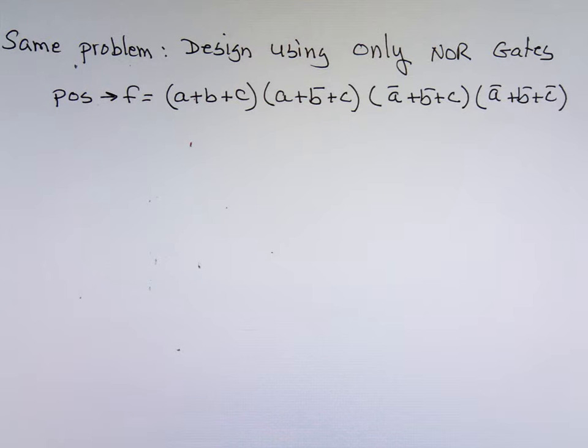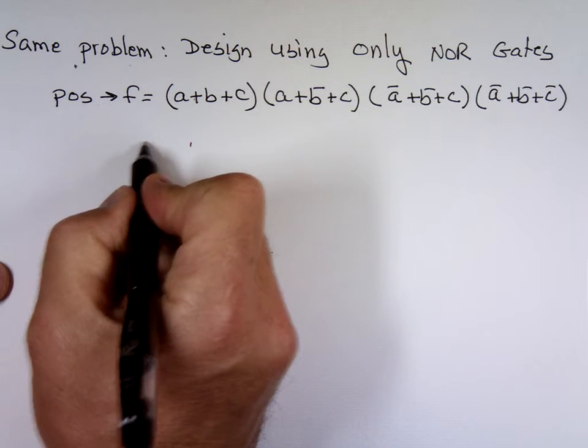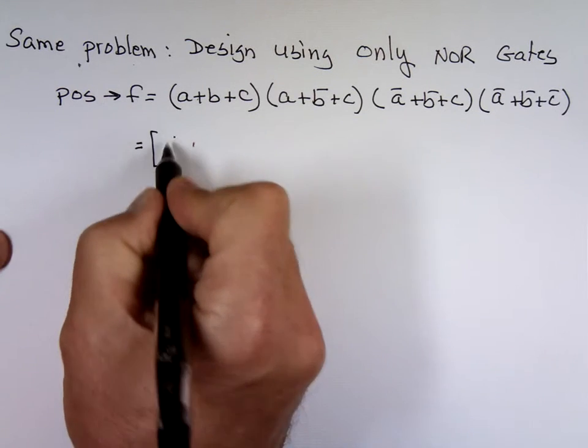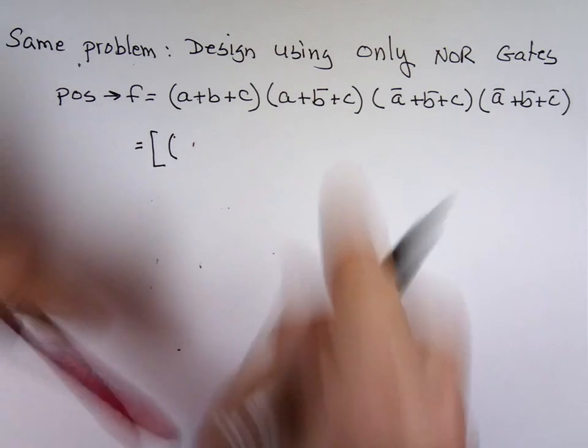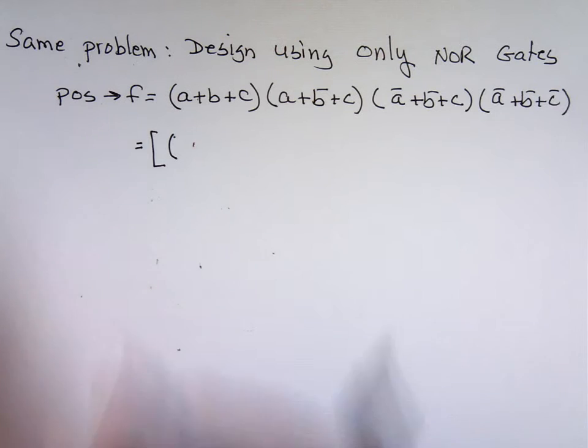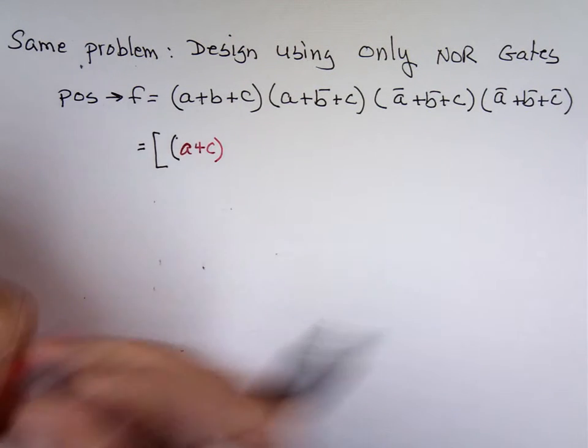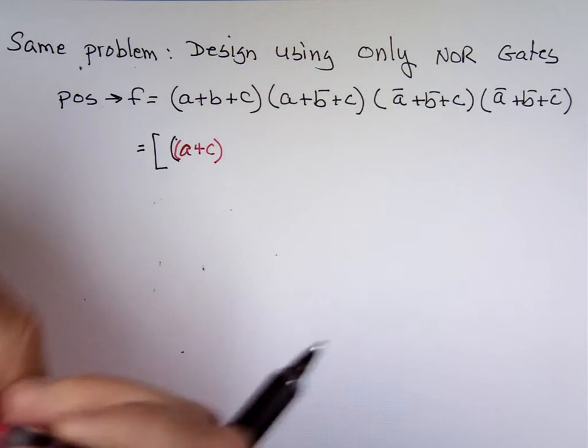Let me reshuffle this around. Notice if you group the first 2 here and rewrite them a little bit nicer. I'm going to write this. These 2 group have what? A plus C in them? A plus C plus what?